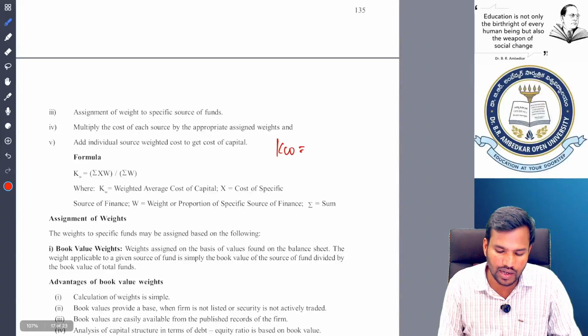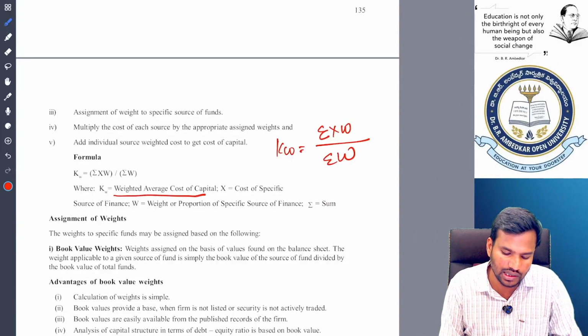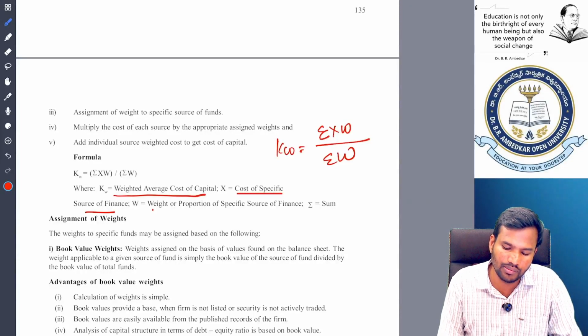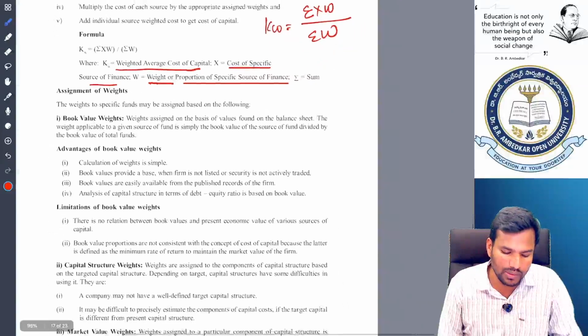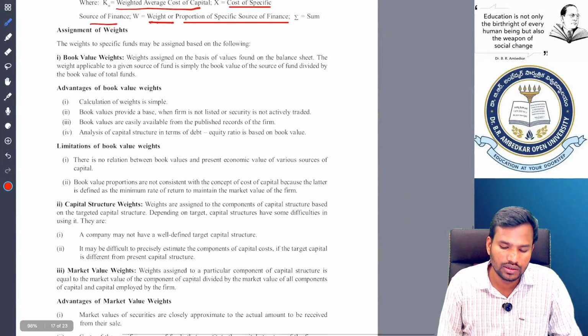Kw is equal to sigma xw divided by sigma w, where Kw is the weighted average cost of capital, x is the cost of a specific source of finance, and w is the weight or proportion of that specific source of finance. Through the above formula we can easily calculate the weighted average cost of capital.